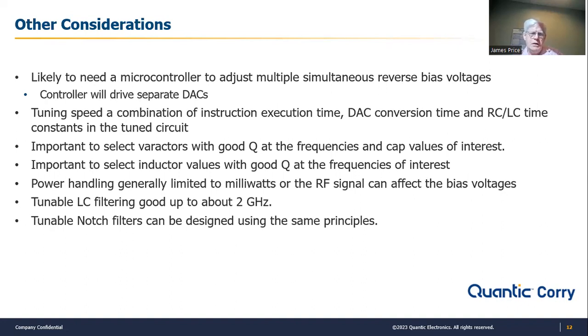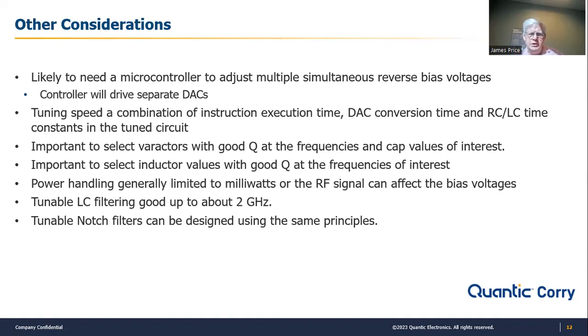The other important thing to realize is that you have to get varactors with good Q and inductors with good Q, and you need to optimize that during the design process and perform your trade-offs then. Power handling, at least with the varactor base, is not generally that high, milliwatts to maybe a watt.